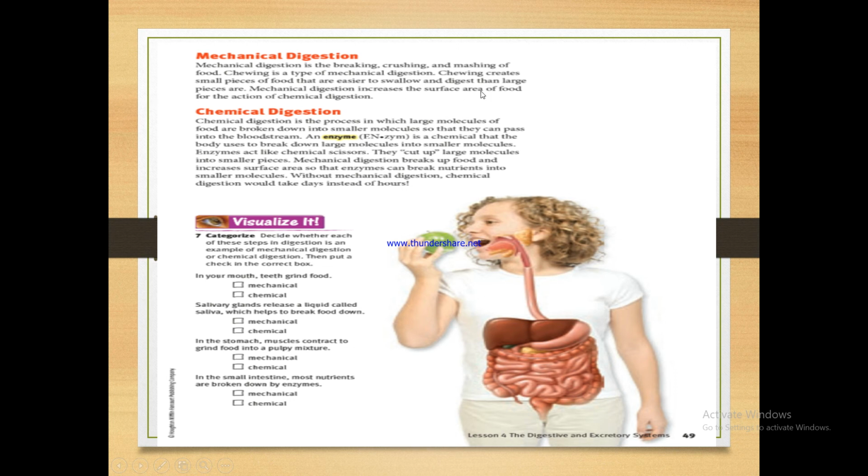Okay, what does surface area mean, girls? Mechanical digestion increases surface area. If you cook a whole carrot, and you cut the same carrot into pieces and cook it, same size, same carrot, which one will boil faster?